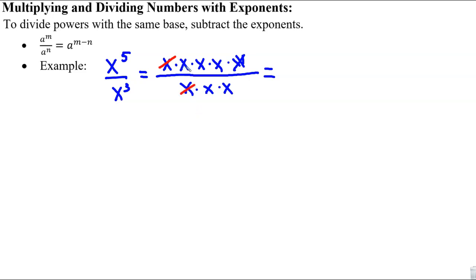So essentially I'm going to cancel 3 of the x's from the top 5 with 3 from the bottom. And that's where the result comes from: x to the 5 minus 3, minus because we're canceling, is going to give me an x squared. That's the 2 x's we had remaining at the end.